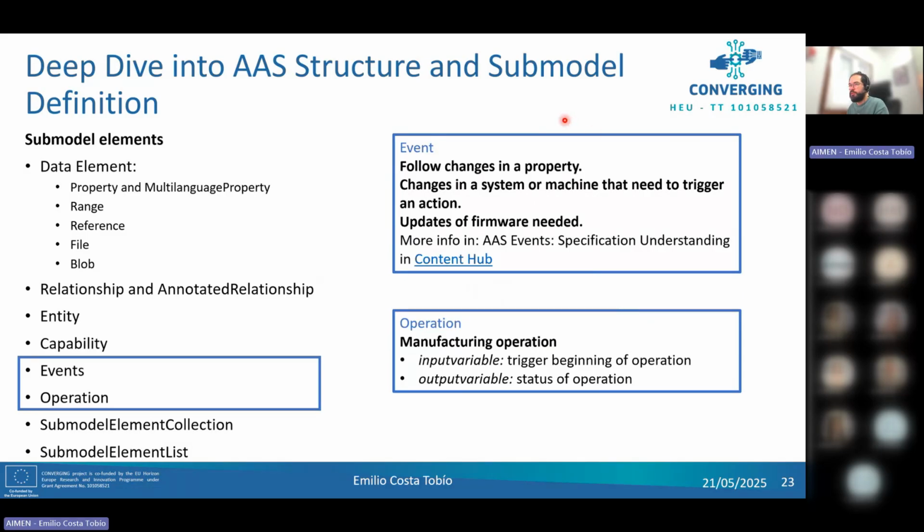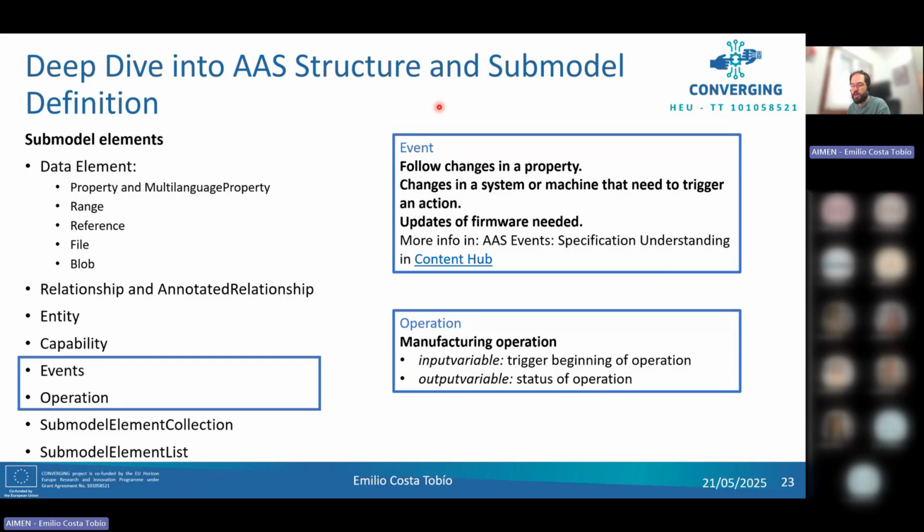If we go a little more along, I know there are a lot of them, but we are reaching the last ones. We have the events. These elements are probably the more complex ones in structure. They have a few different elements inside, but basically they are used to establish information about events.